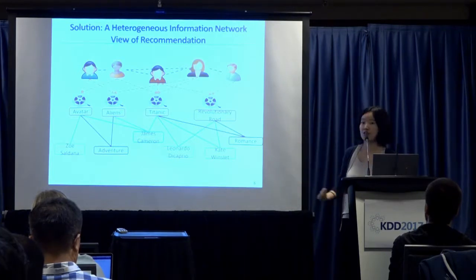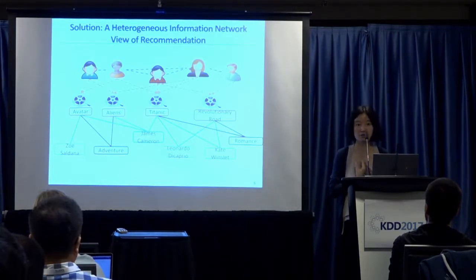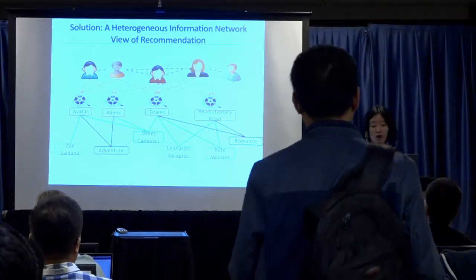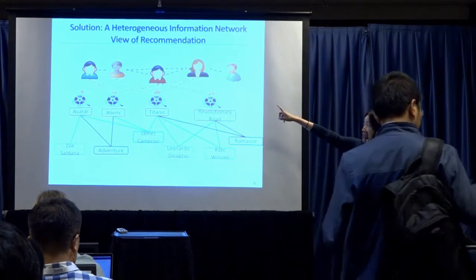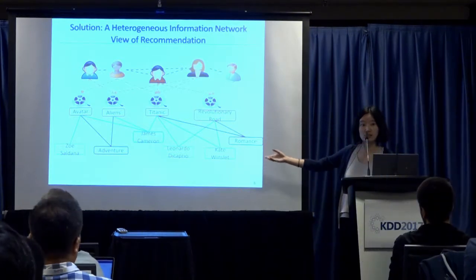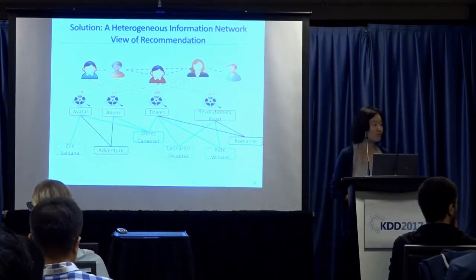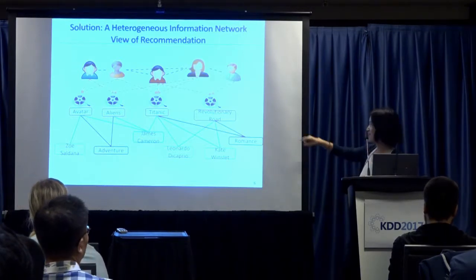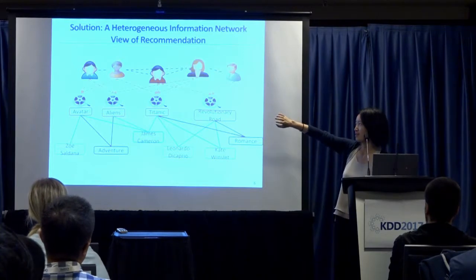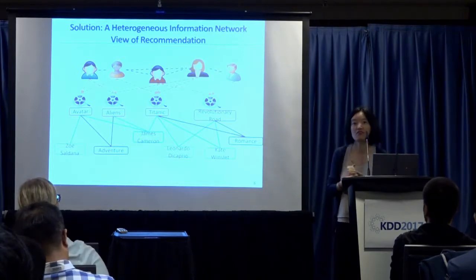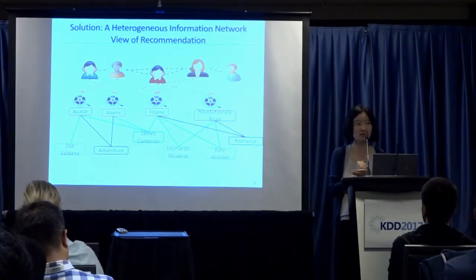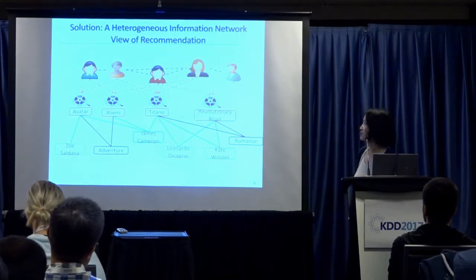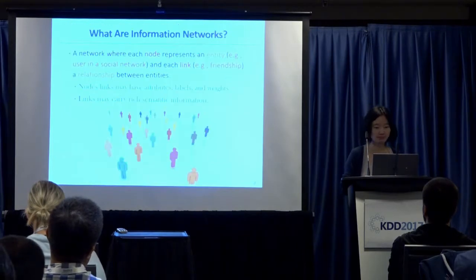And the movie itself also contains a lot of text information, for example, the description of the plot, right? And you can also see that between those additional entities, there are also different types of relationships. For example, between user and user, suppose you have the friendship relation. Definitely you can leverage that information to help you do further recommendation, right?